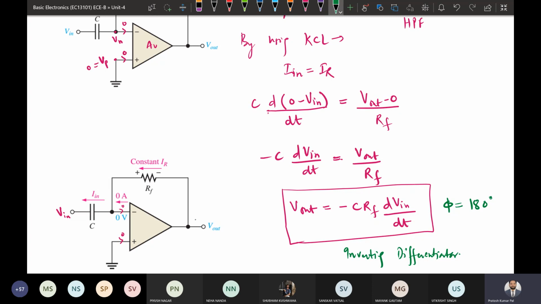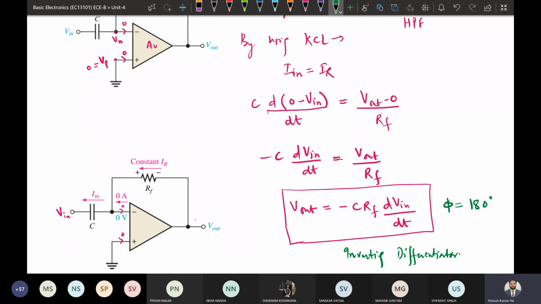So this is all about how we should be analyzing the integrator and differentiator circuit. The analysis that we have done is for the ideal case, the ideal type of integrator and differentiator.